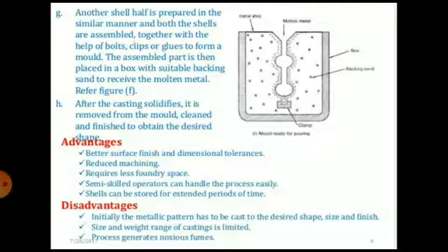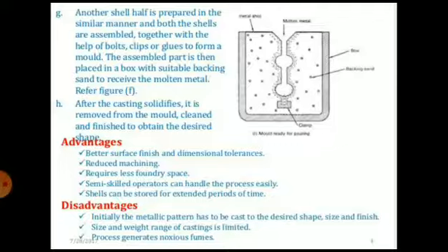Then molten metal is poured in that mold. After cooling and solidification, the shells are broken and the casting is removed, cleaned and finished to obtain the desired shape.